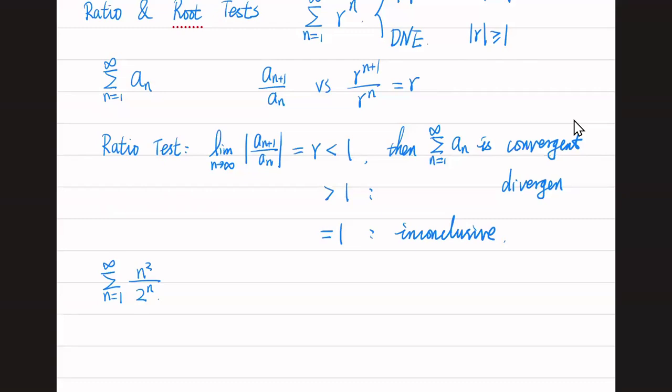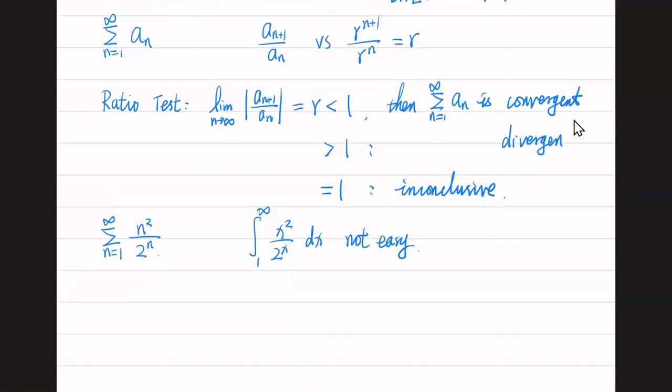Could we use the integral test? If we try the integral of x squared over 2 to the x dx, maybe not, I don't know, not easy.